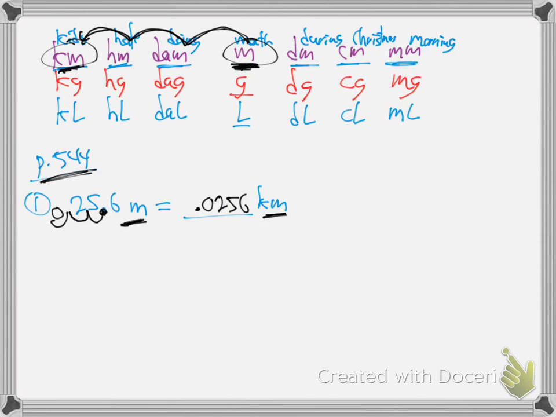Nothing else required. Let's try the next one. We don't even have to worry about the number of digits because it's not changing. These will be super quick. 0.065 HL is how many CL?